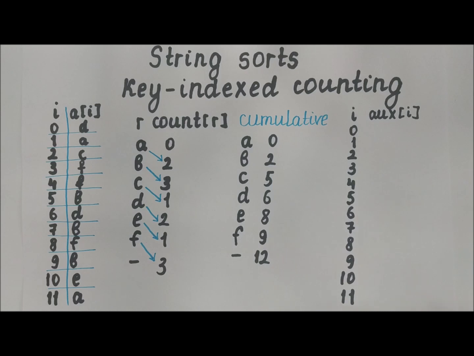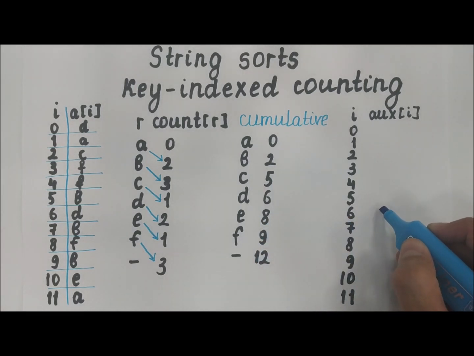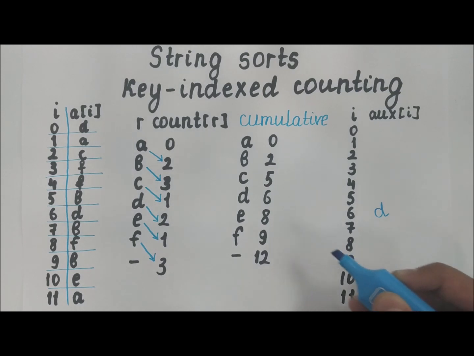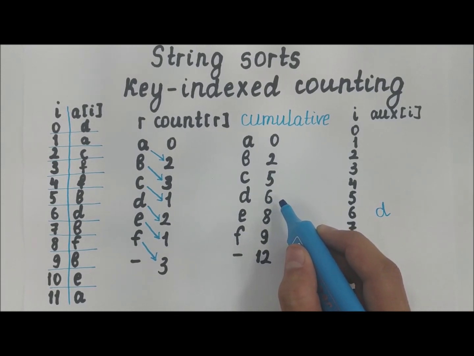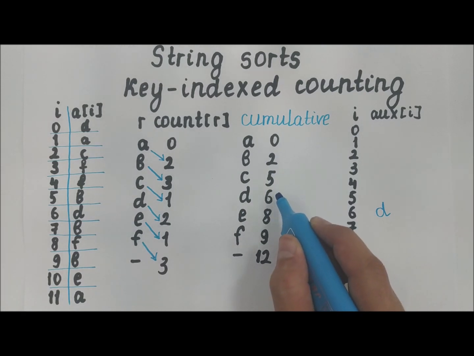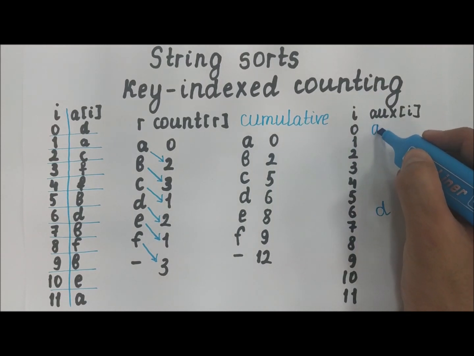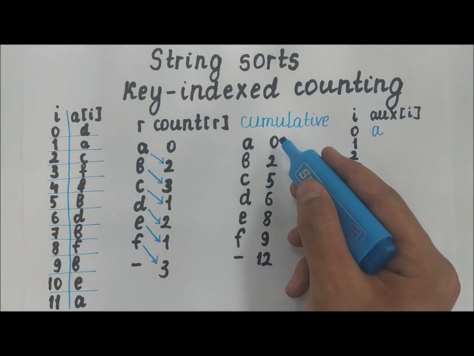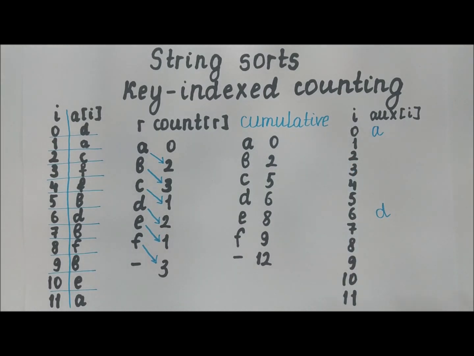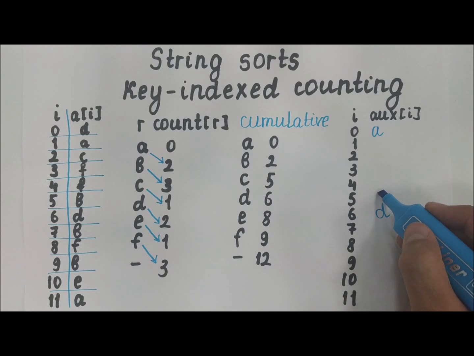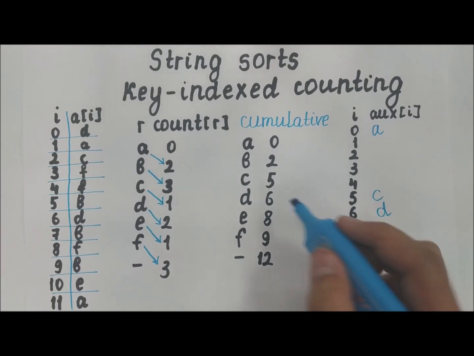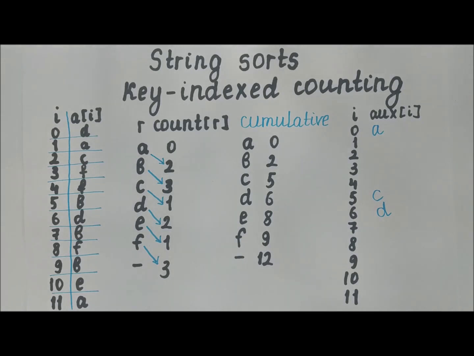So 6D will be here, and after that 6 will be incremented, so there 6 will be 7, and then 0A, and A0 will be 1, and after that 5C, C will be 6, after that 9F, 9 will be 10, and 10F also.